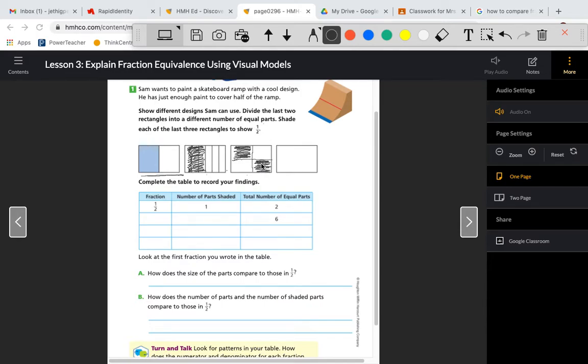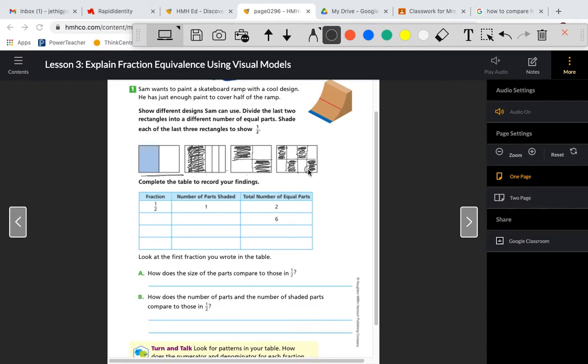Well, let's do 8 for this one. So now we have 8 equal parts. Half of 8 is going to be 4 equal parts. So 1, 2, 3, and 4.